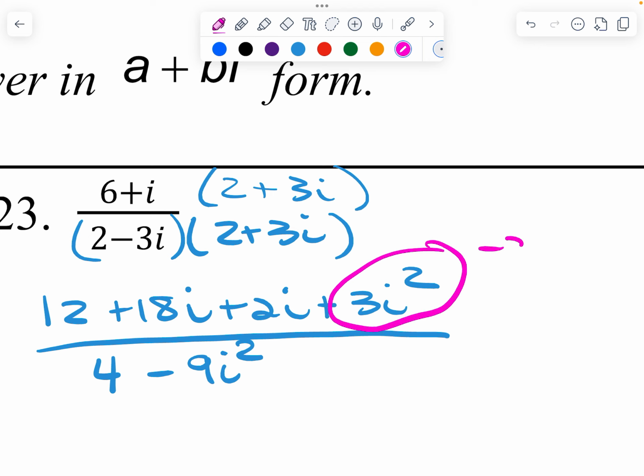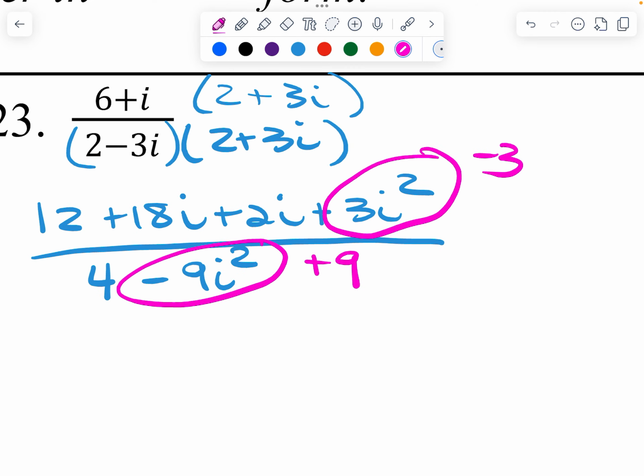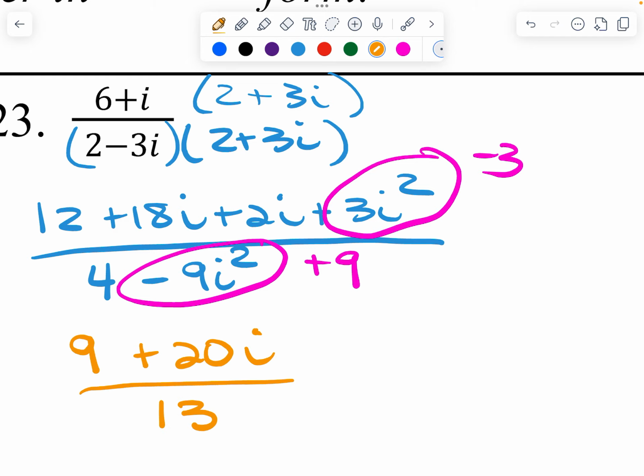This will change to negative 3. This will change to positive 9. So I will get 9 plus 20i over 13.